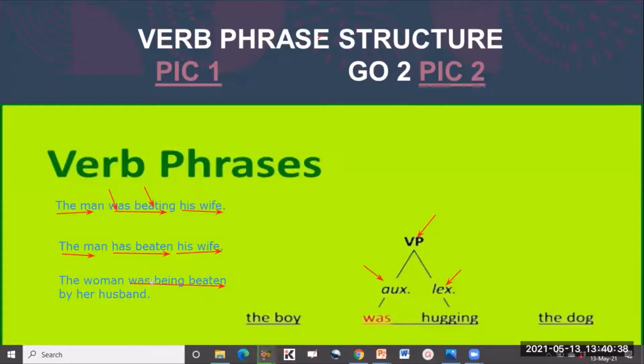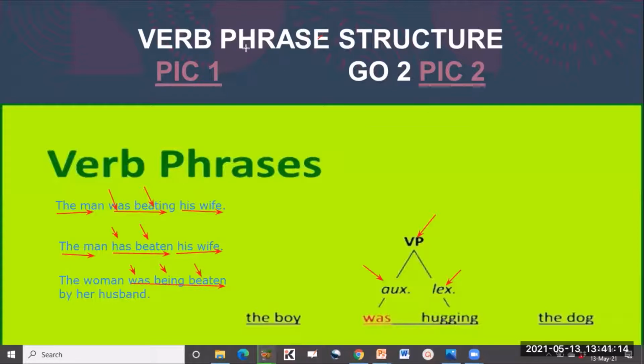So you can take a look at the verb structure, and here you can see that this is auxiliary verb 1, this is auxiliary 2. But here, this is auxiliary, this is main verb. But here we have auxiliary verb 1, auxiliary verb 2, and then the main verb. So we have two auxiliary verbs combined with a main verb to form a verb phrase in this particular sentence.